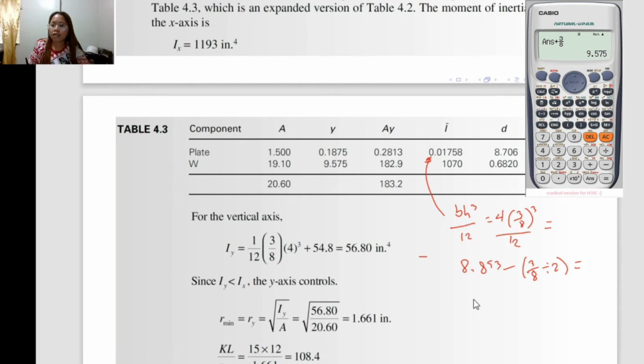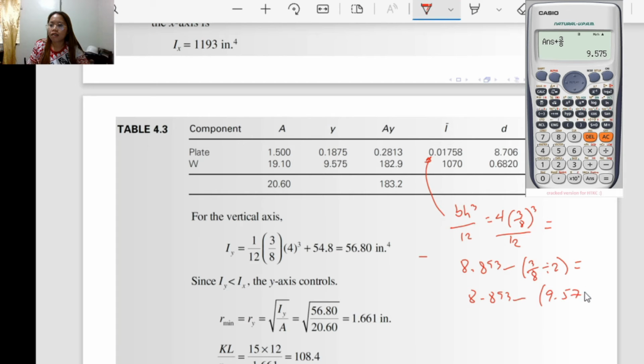So that is 8.7055 or 8.706. And for this wide flange it is 8.893 minus the centroid, which is 9.575. Actually, the result is negative, but remember, the formula is d squared.